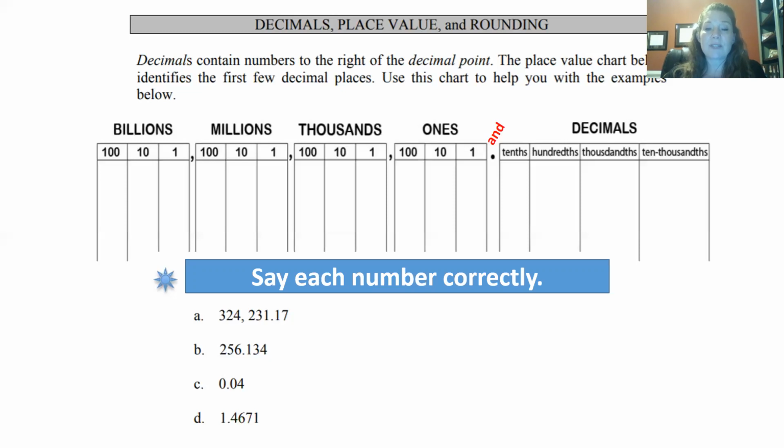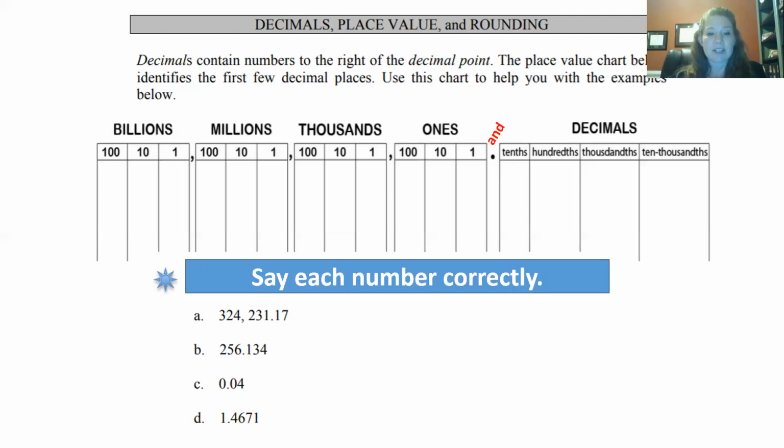Letter B, you say that number, 256 and 134 thousandths. Letter C, 4 hundredths. And then letter D is 1 and 4,671 ten thousandths.